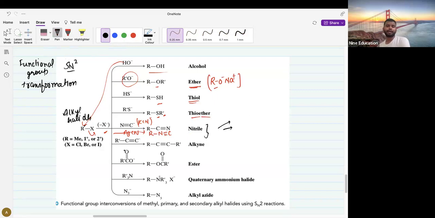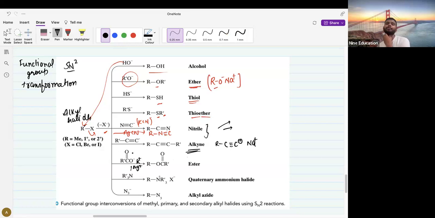Write it down. Last thing, if I add this alkyne group here, it will attack on R and it will remove X to make alkynes. Okay? So let's say we take R triple bond C negative Na positive. Let's say I take here any CH3COO K positive or Ag positive.